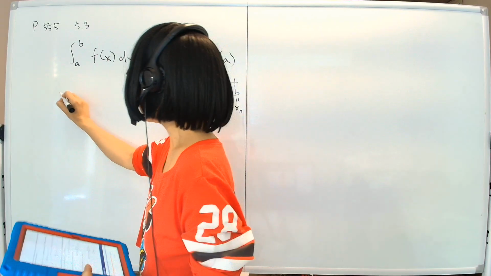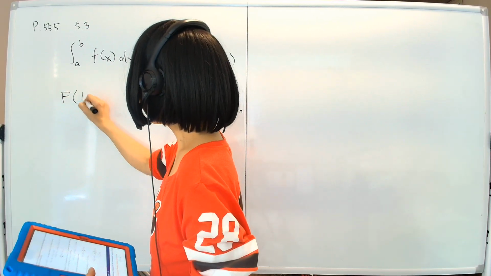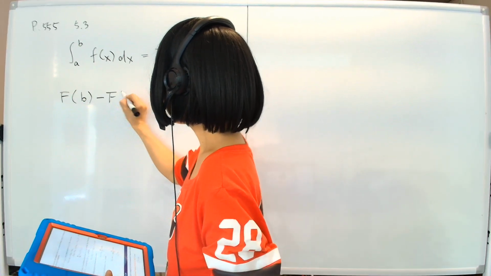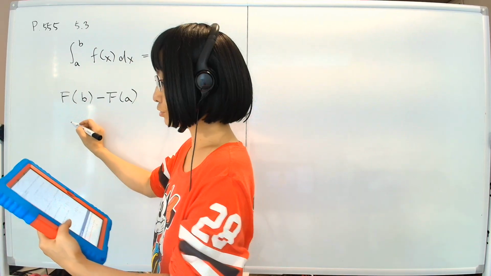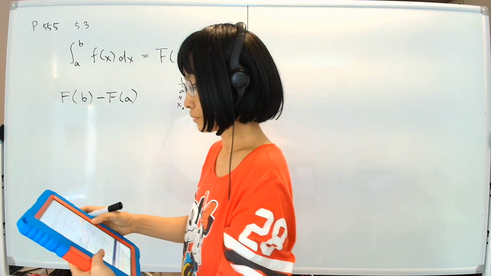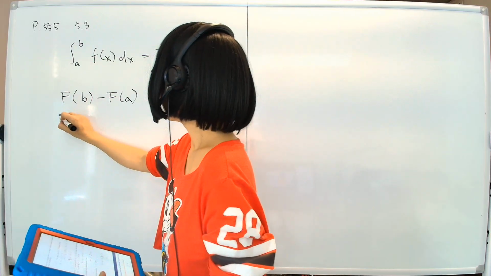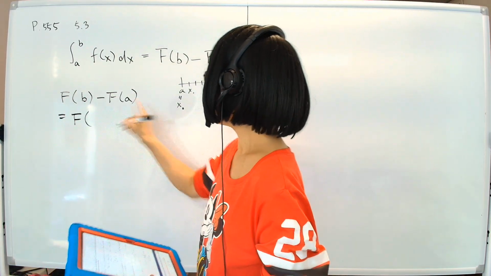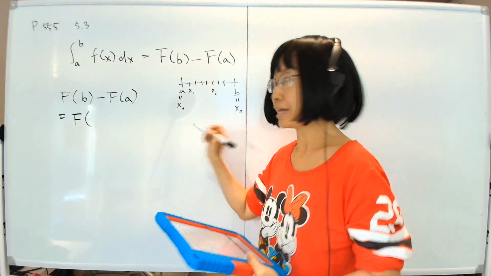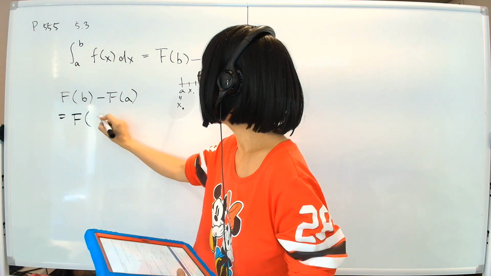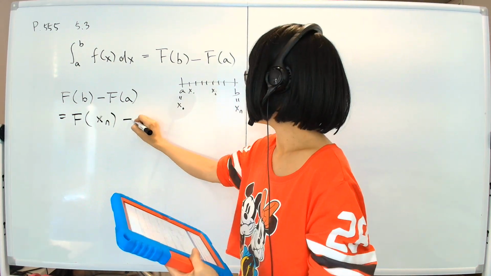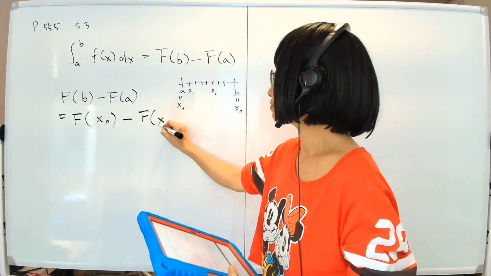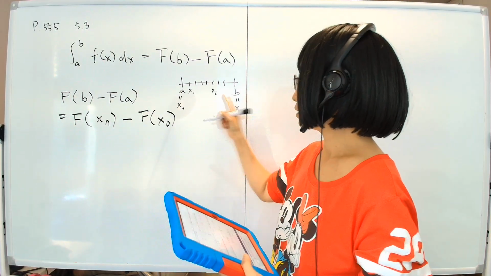Then F(b) minus F(a), okay, that's the big F, is equal to, first, F(b). b is xn, the last partition point. And then minus F(x0), so far so good.